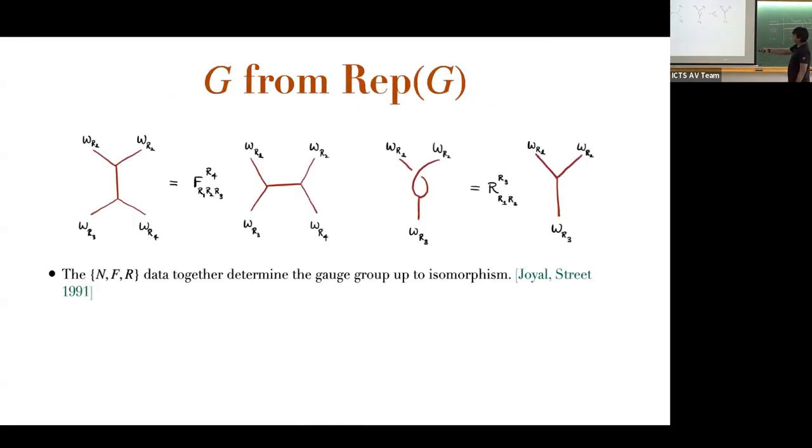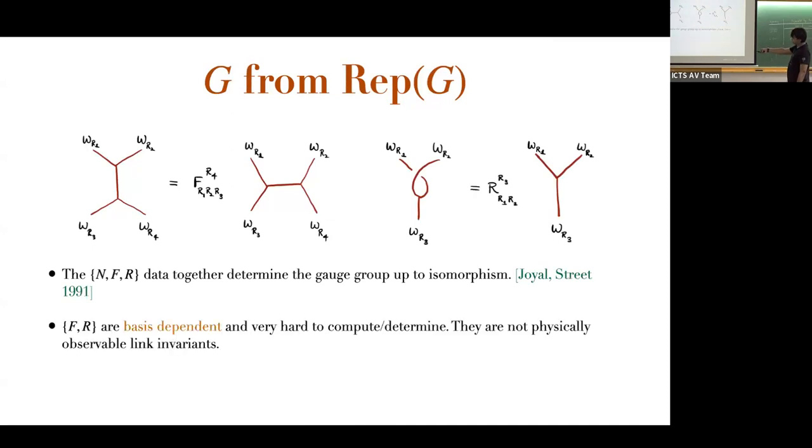So this data determines the group up to isomorphism, but F and R are basis dependent. What I mean by that is finding F and R depends on choosing certain basis elements in certain Hilbert spaces. They are not things that we can directly get from the lab, unlike N. The reason why I'm calling N more physical is because if you have these anyons and you can braid them, you actually get this S matrix.